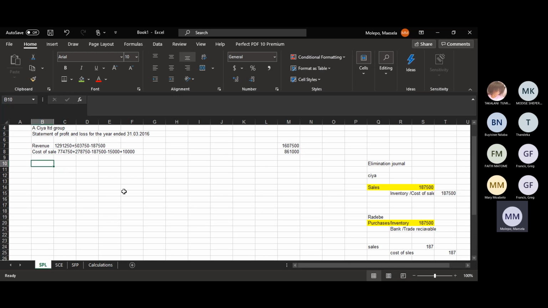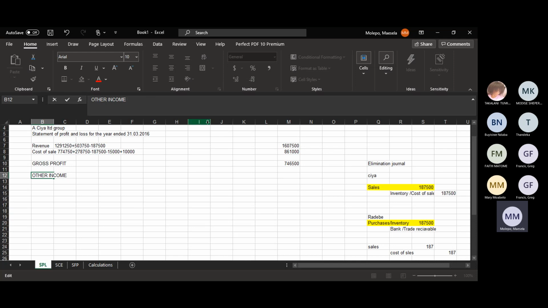It's straightforward. 746,500. And then we have the other income, the amount given as the other income, which is shown as 28,125.